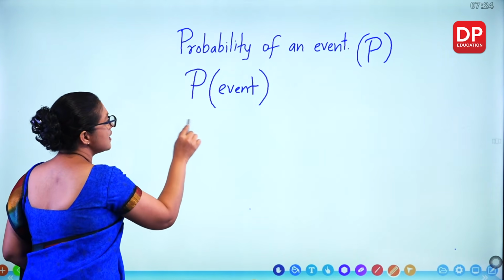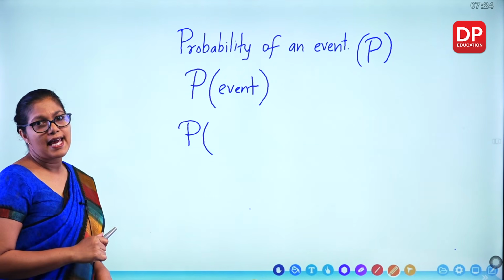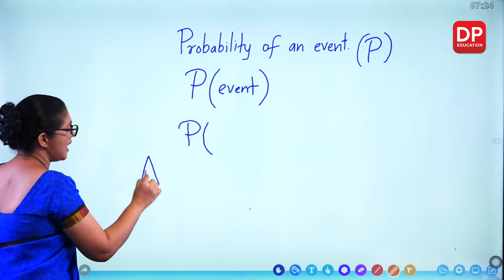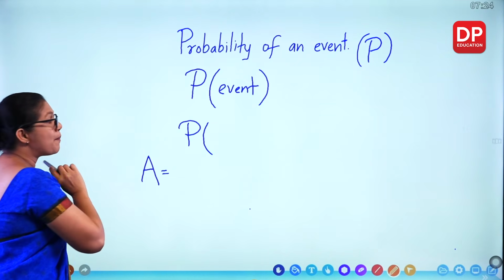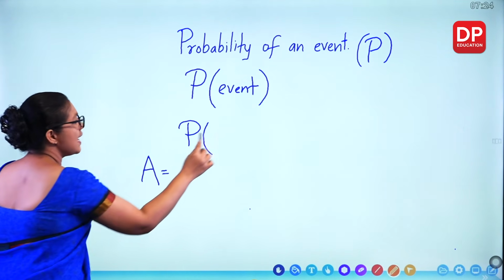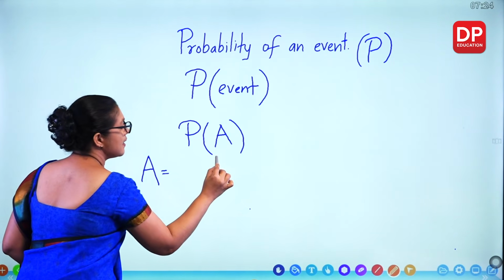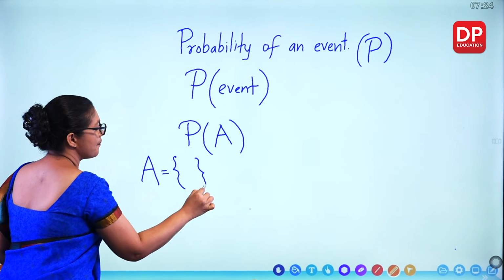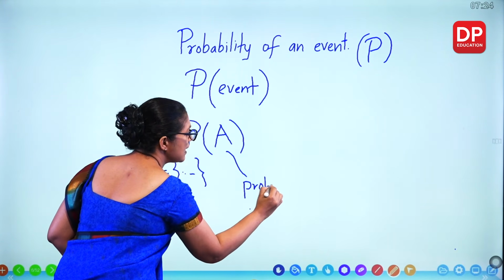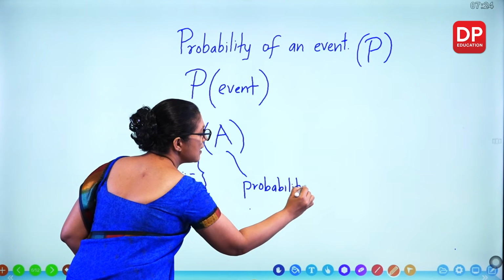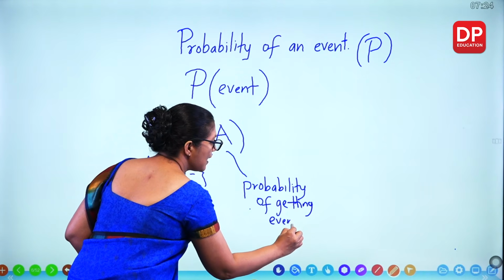Now if we take the subset of getting A, A is an event from the sample space, and the probability of getting event A we can write P(A).